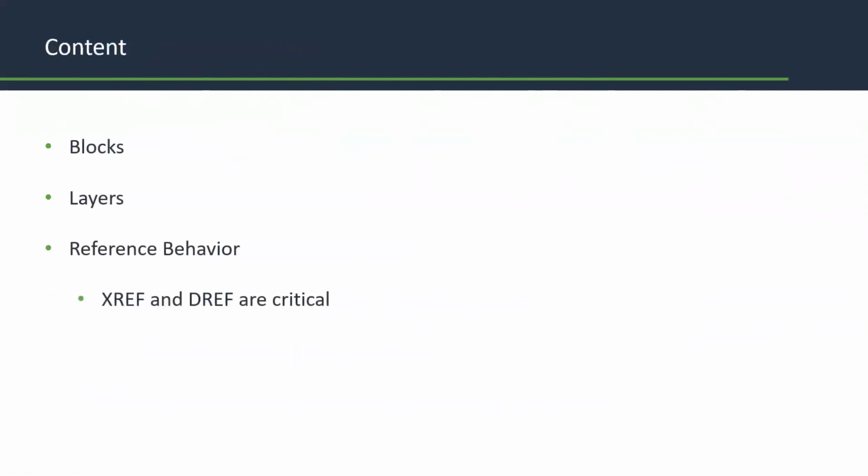So we do need some content to get this workflow in. That is going to consist of blocks. Those are how we're defining the major categories of our information. We're going to have some layers that we need to pay attention to. And we also need to make heavy use of references. That includes XREFing and derefing anything inside of our drawing once we get to the point where we're creating sheets.